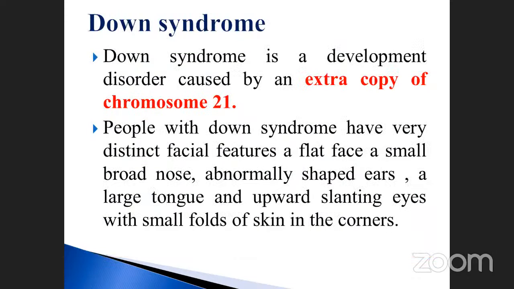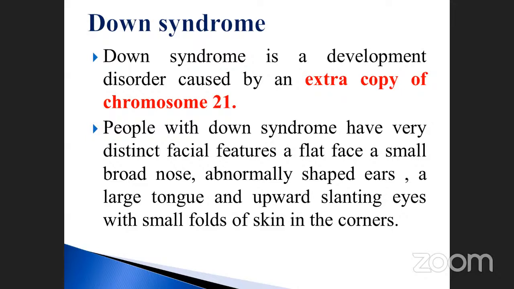And then Down syndrome is another one. Down syndrome is a developmental disorder caused by an extra copy of chromosome 21. Note it down, my dear student: 21. Down syndrome, the extra copy of chromosome 21. People with Down syndrome have very distinct facial features.